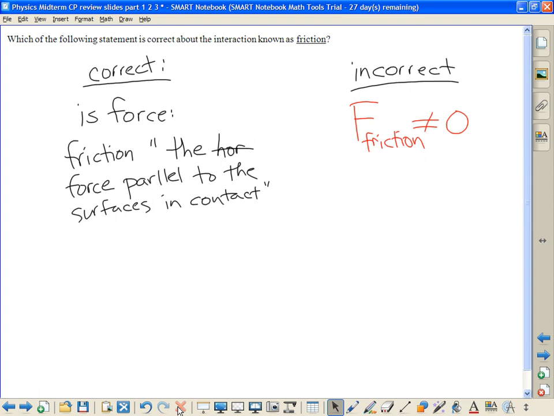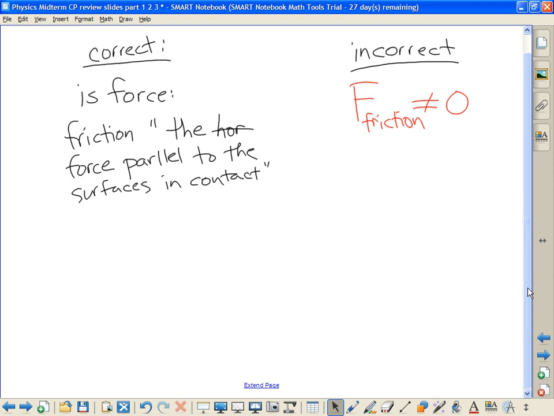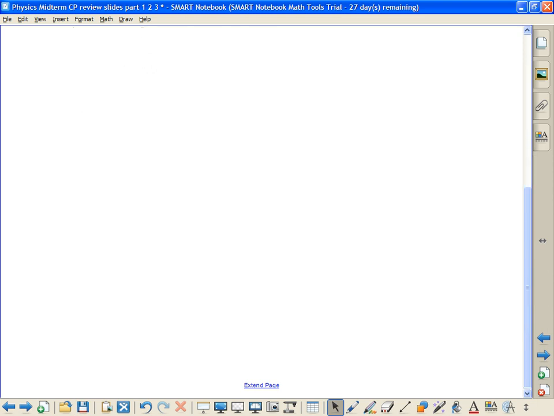Let's see if we can reconstruct that graph that you guys... We invented that together, you know, as far as I know. And I think that's really super. What did we do? What did we have on which axis for friction? That's right, we had the total force on the object.